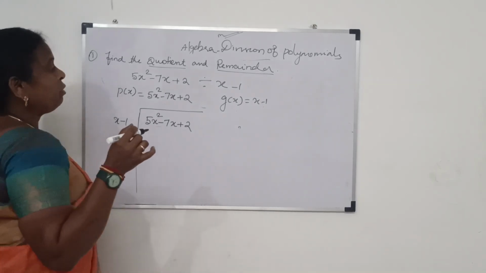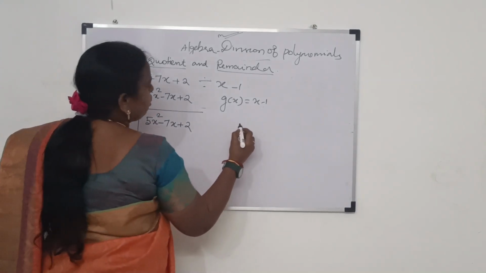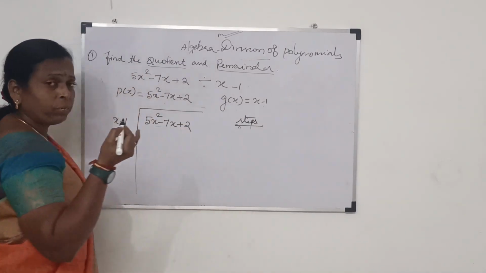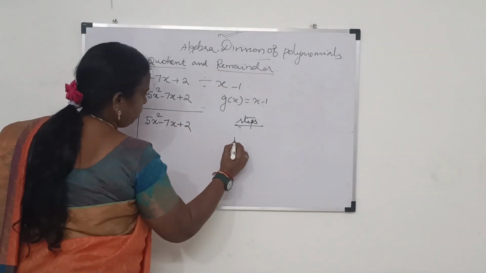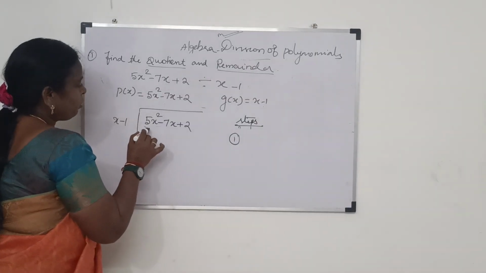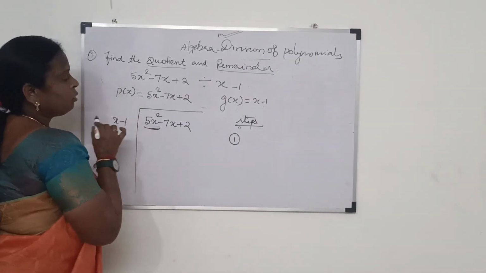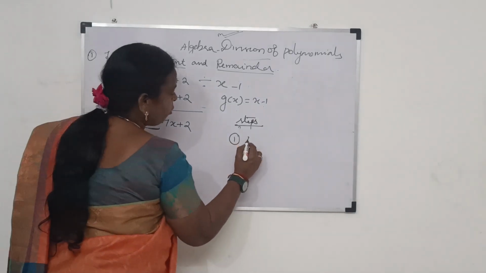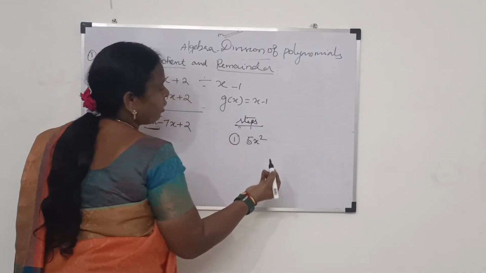It should be done by a step-by-step process, so when you are writing, you can write the steps. The first step, listen carefully: take the first term. What is the first term here? Yes, 5x square.